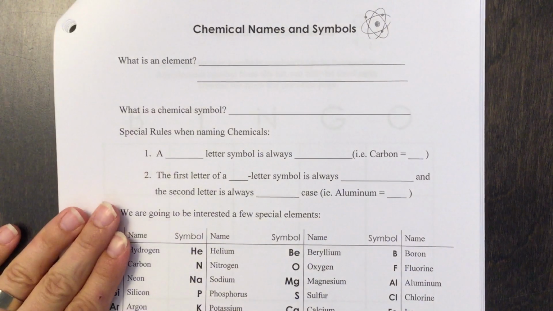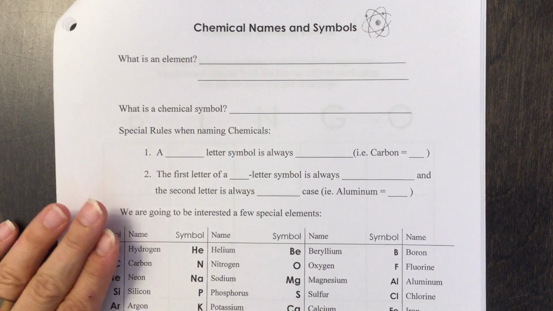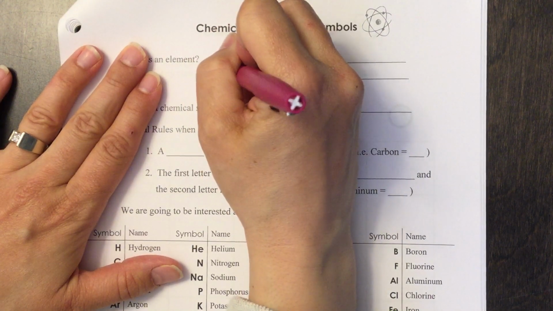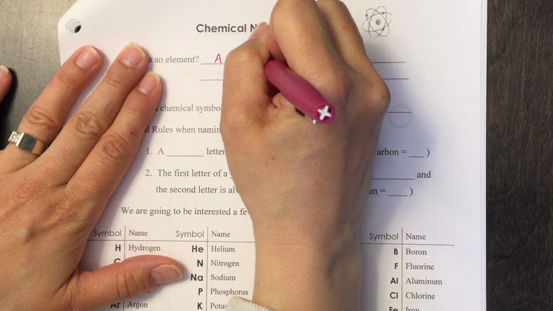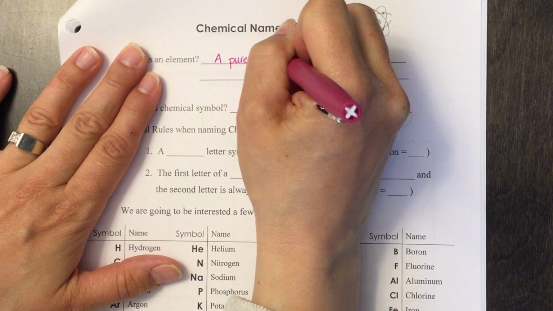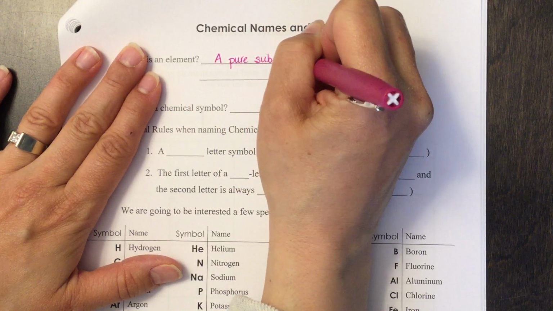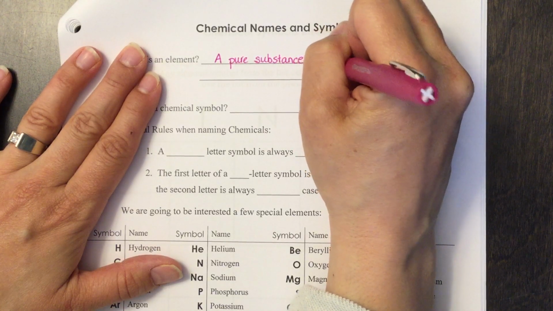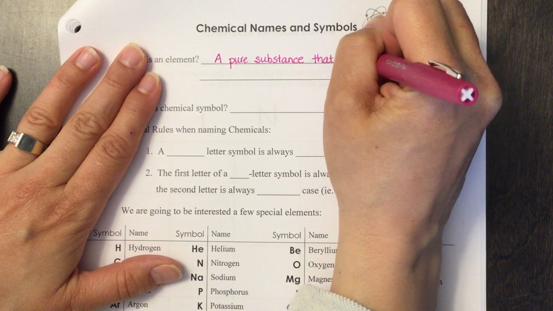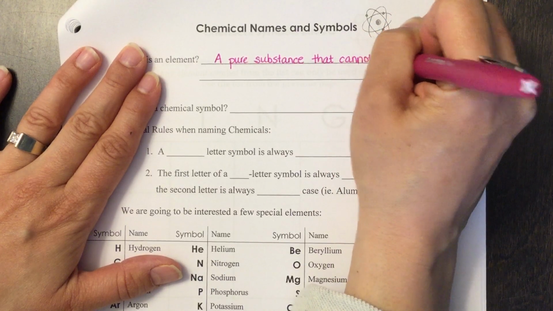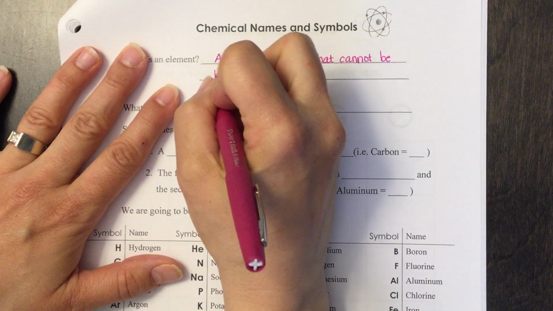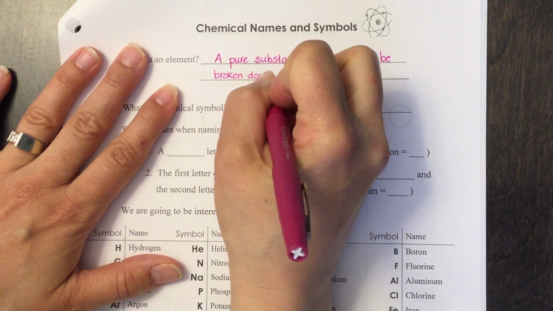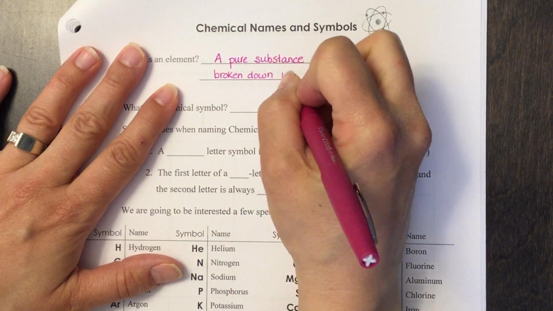Okay, so what is an element? An element is a pure substance that cannot be broken down into simpler substances.